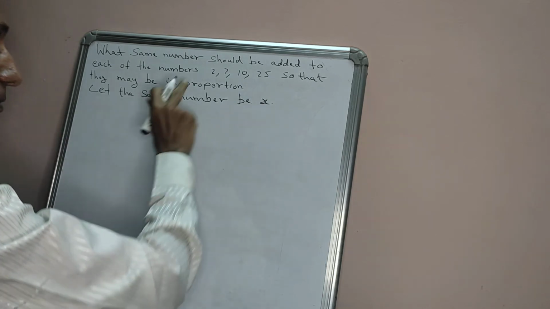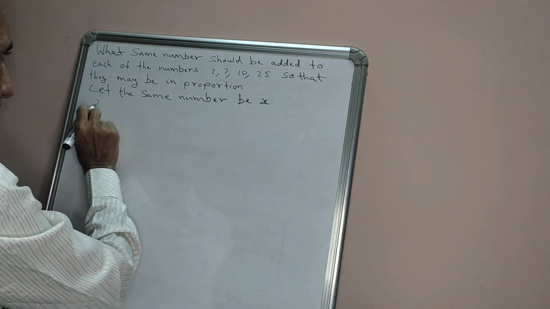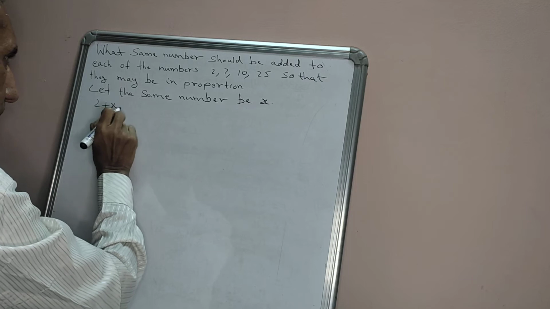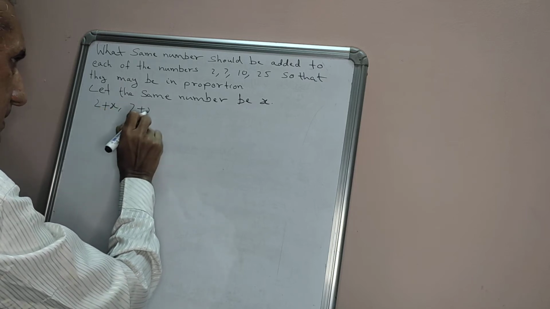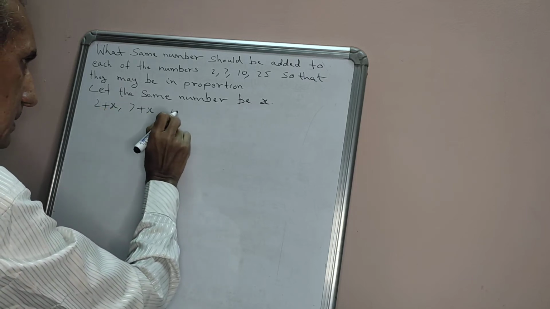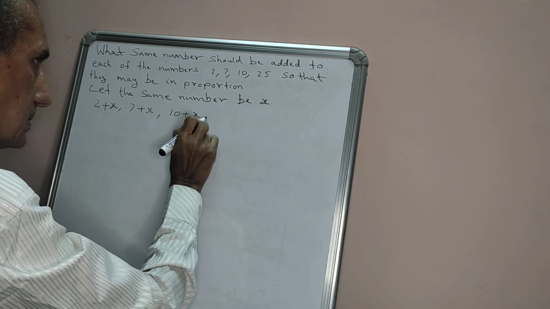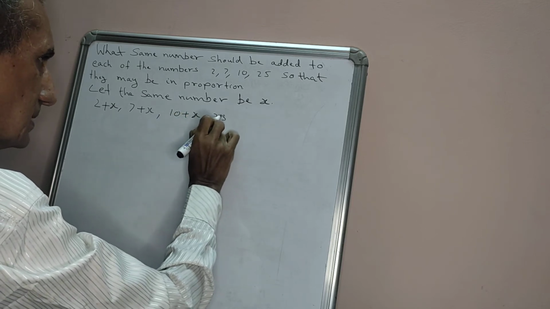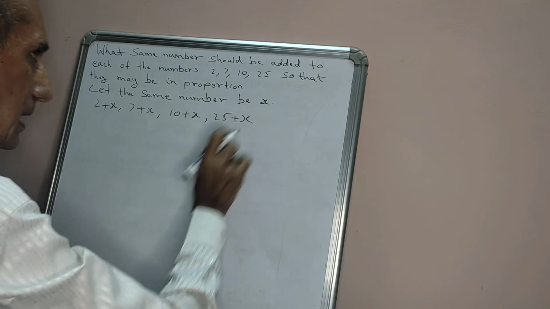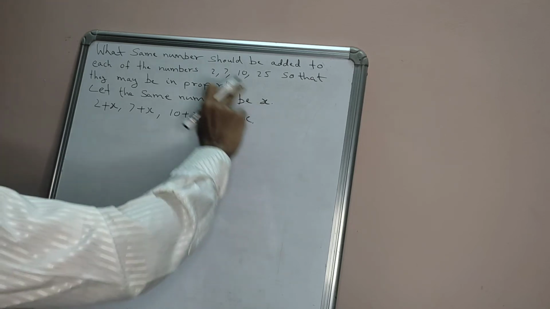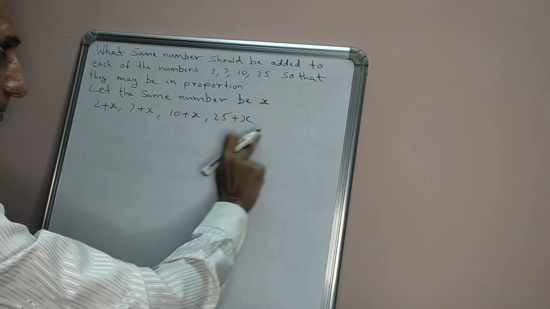So my new set of numbers will be 2 plus x, 7 plus x, 10 plus x, 25 plus x. After adding this same number x to all these, the new set of numbers are these.